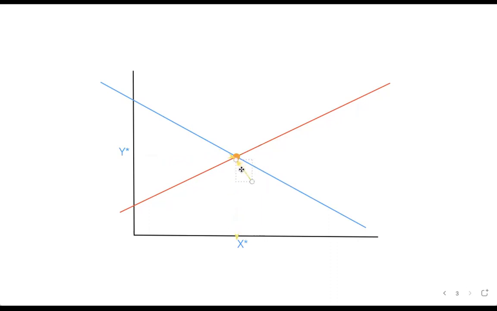I'm just going to get rid of these arrows over here, just because I don't want to clutter our graph.